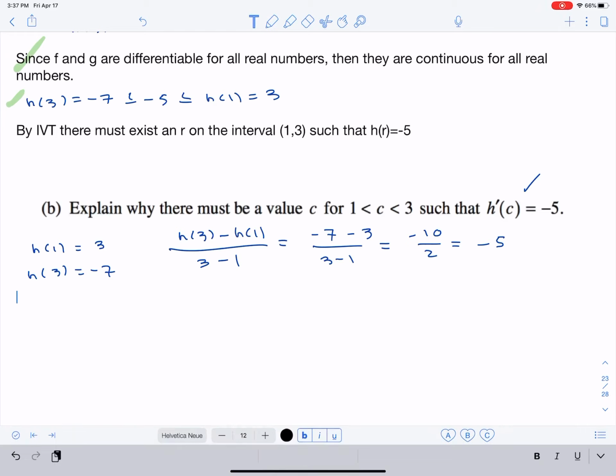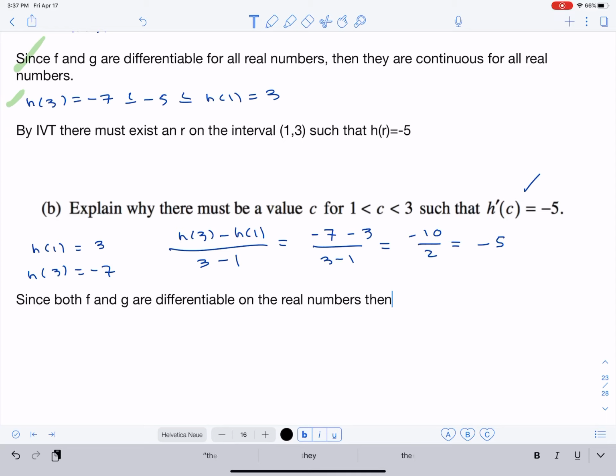I'm just going to repeat myself from last time. Again, I literally almost repeated what I said on the first part, but I'm establishing continuity and differentiability.